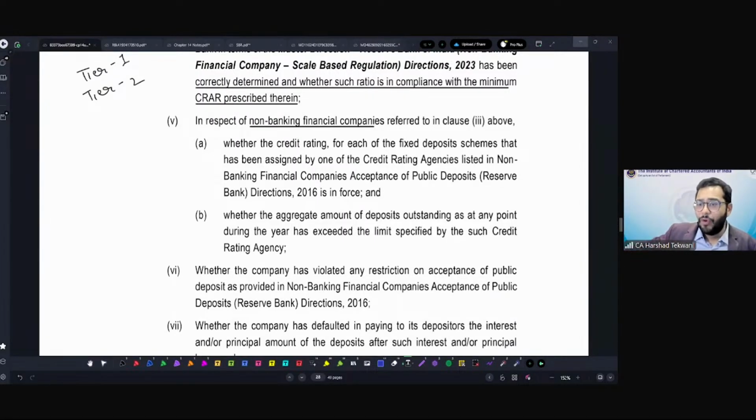That credit rating was downgraded or upgraded. You might have heard in the news, yes or no? Anyone heard in the news that the credit rating was downgraded for this particular entity or this particular investment scheme or something like that?